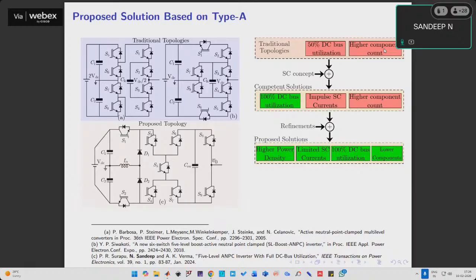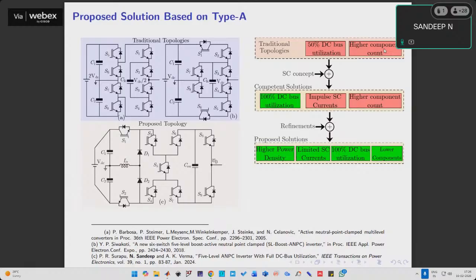Now, if we go for a multi-level operation, we are going to have intermediate levels like plus VDC by 2 and minus VDC by 2. This is called a 5-level operation. Then you can go for a 7-level, then a 9-level. That is how the multi-level inverter works. It divides the output voltage into smaller and smaller steps.